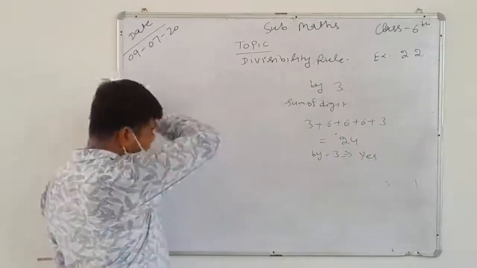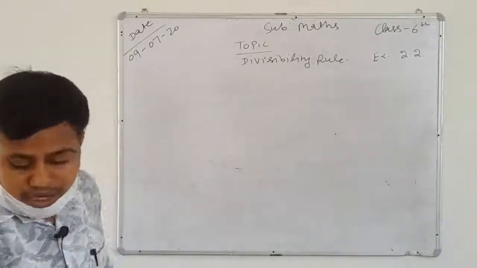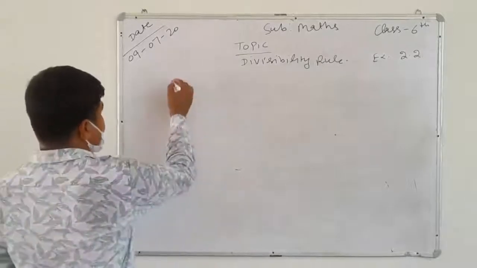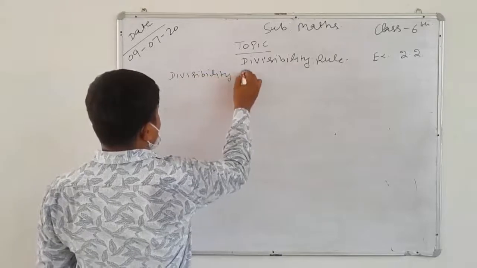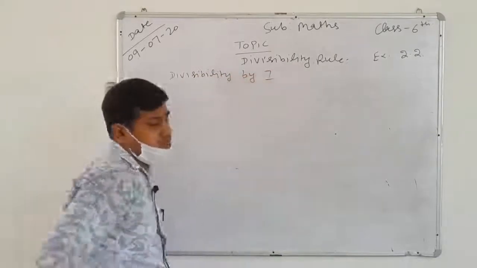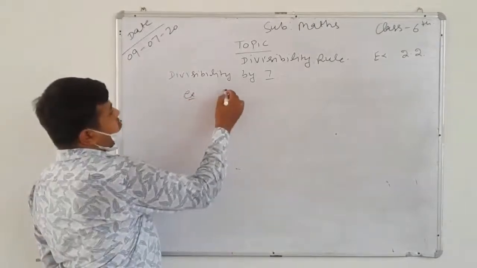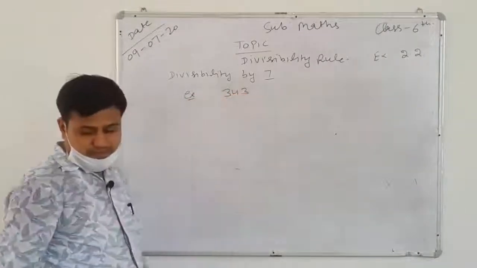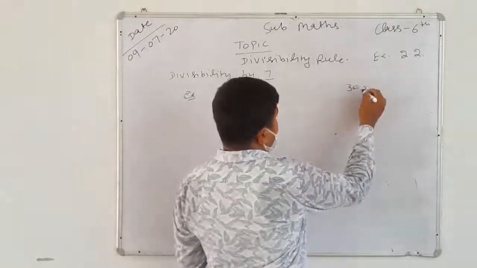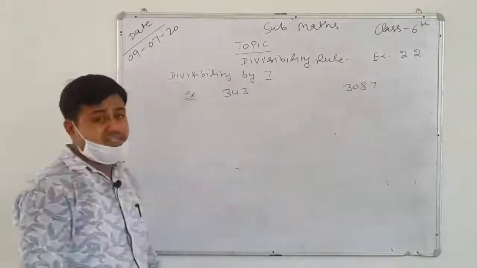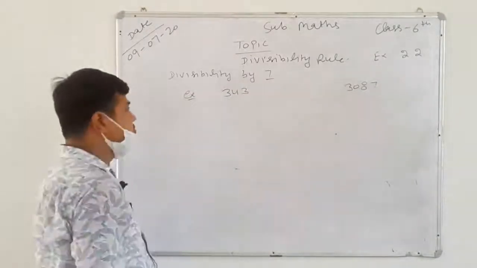Rule of 7. Divisibility rule of 7. Important, watch carefully. Divisibility by 7. Let's take an example: 343 and 3087, your exercise questions. What do we have to do?